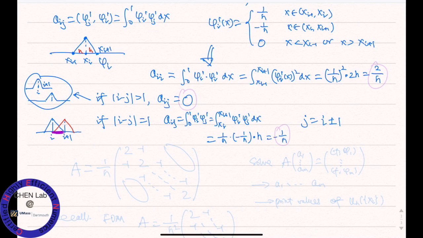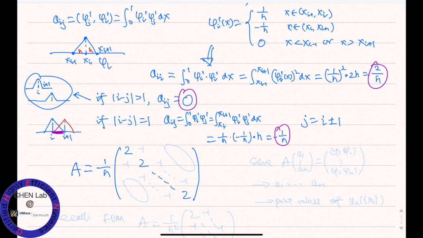So we know this entry is either 2 over h, or 0, or negative 1 over h. Once we have this, we can see that for matrix A, when we factor out 1 over h, the a_ii are the main diagonal: a_11, a_22, a_33, and so on. They're all equal to 2.